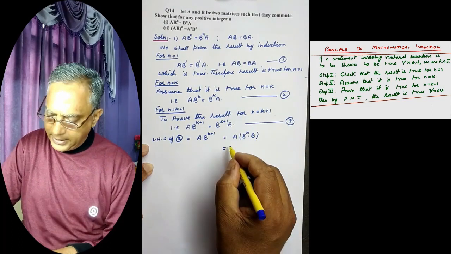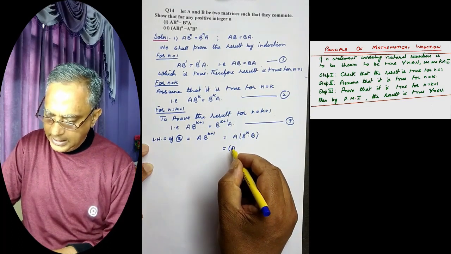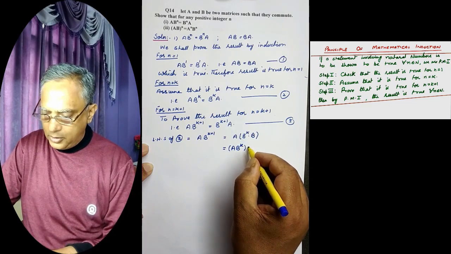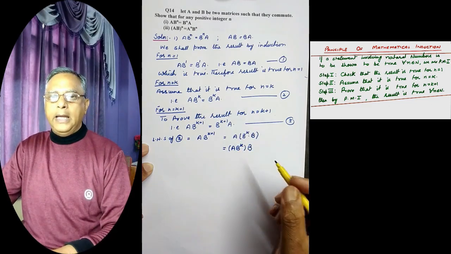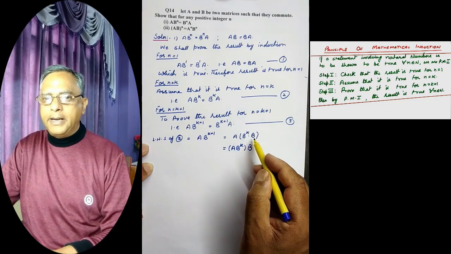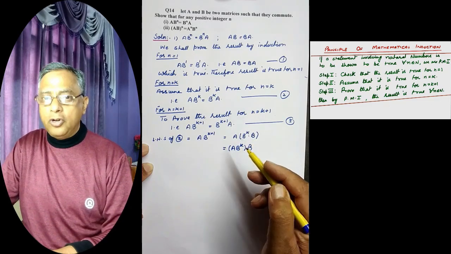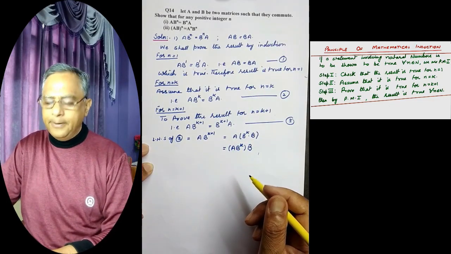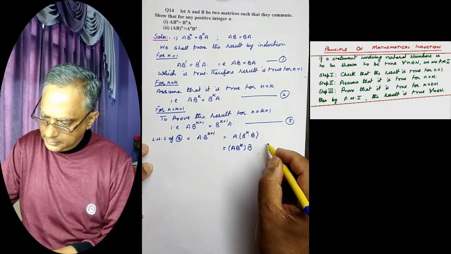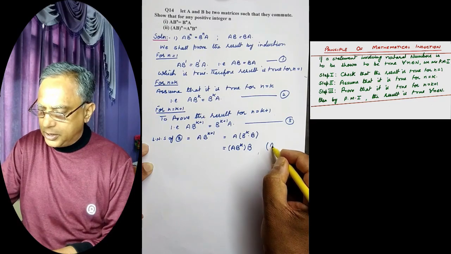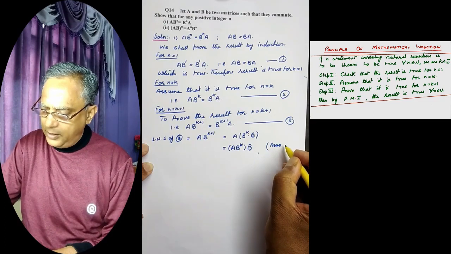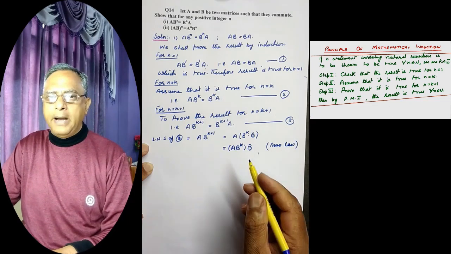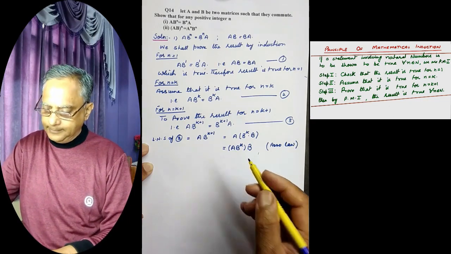So we will move these brackets from here to AB to the power of k into B. Associative law is true for matrix multiplication. Which law is not true? Commutative. But commutativity is given. So this is by using the associative law.